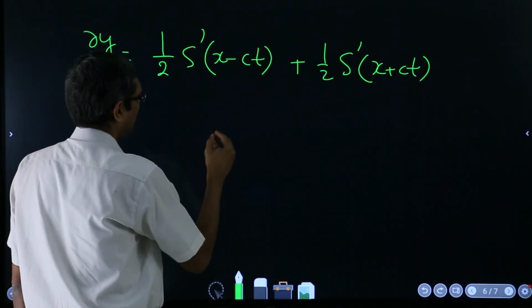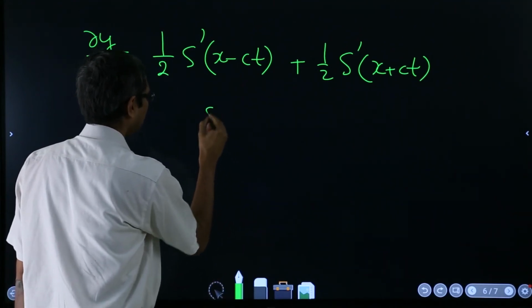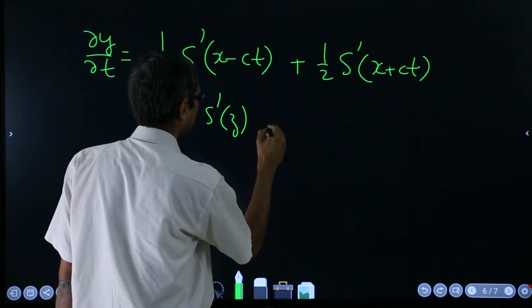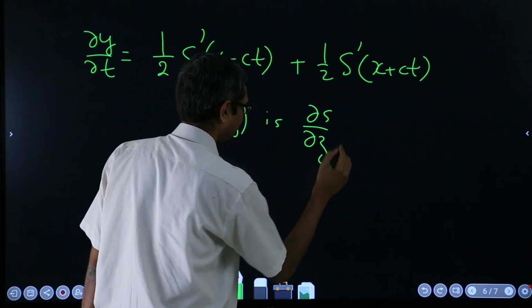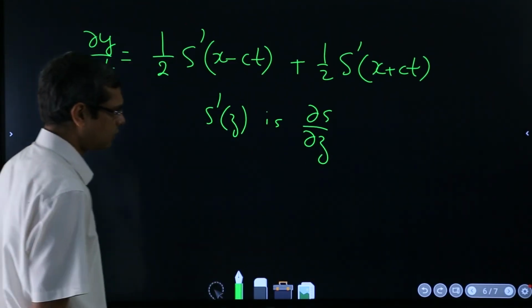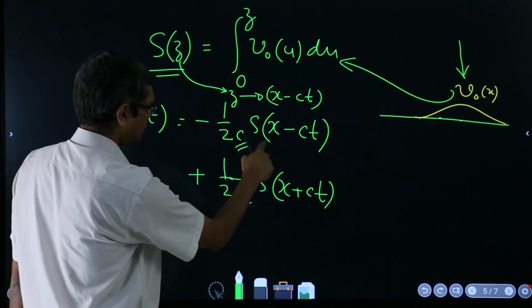I'll just write it here. S prime is ds over dz. Whatever is the argument, you take the differentiation with respect to the complete argument. So that's what S prime is.